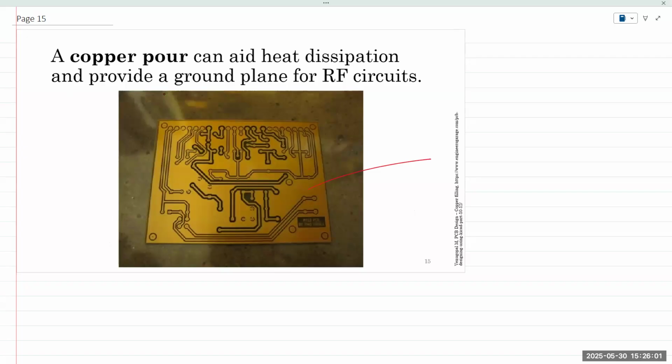Such a large amount of metallic copper can serve as a ground plane, especially in RF circuits like antennas. It provides a reference point for all antenna signals to converge and provides a path to ground, a common pathway. Also, obviously, it helps with heat dissipation, right? You're spreading everything out.